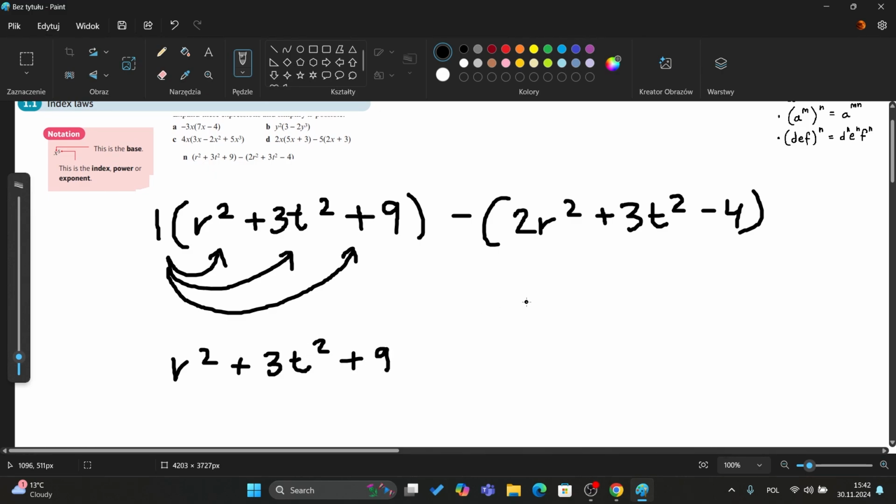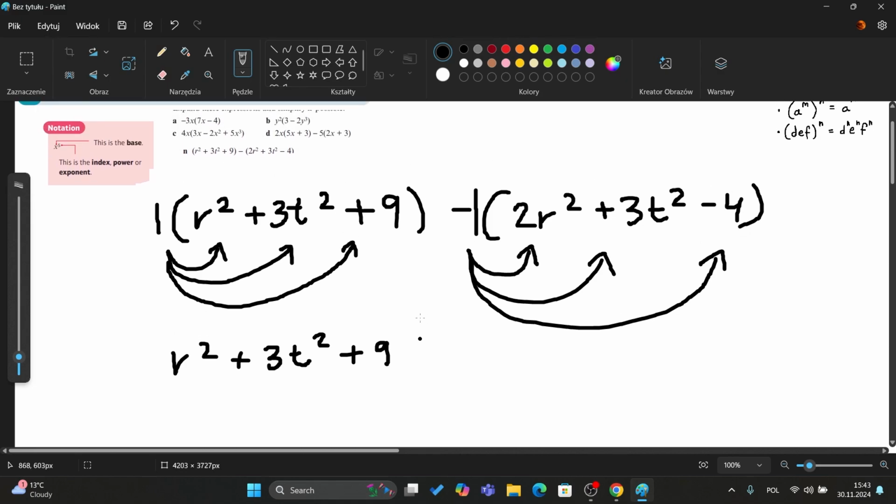So this part stays the same. And now, negative 2r squared plus 3t squared minus 4. There's an imaginary 1 here, so what happens is minus 1 is getting multiplied by all the terms in the brackets.